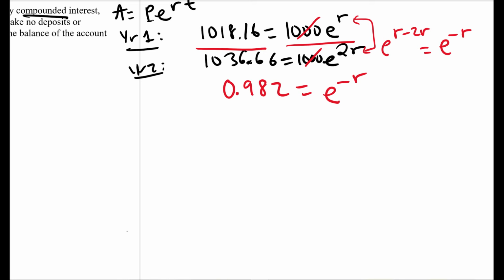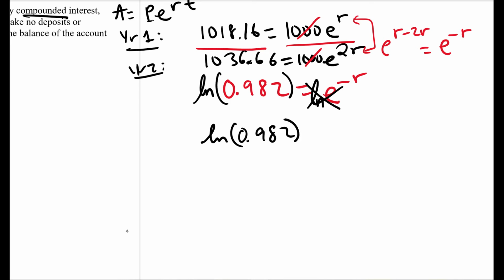So in order to solve for r, I need to do the ln of both sides. The only way to get rid of an exponential is with a log. So I need a log base e, otherwise known as ln. Now those cancel. So now I got ln of this equals negative r. I can go ahead and divide the negative 1 on both sides just to get rid of it, and that's going to be my r.